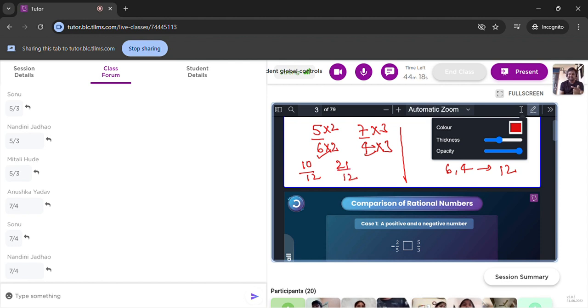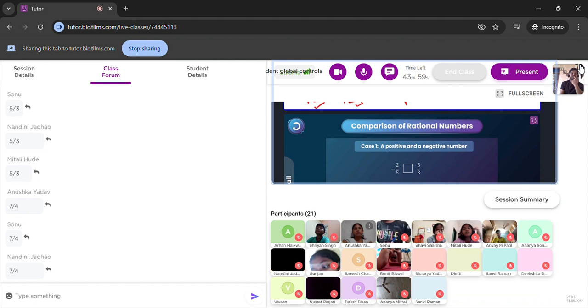In this rational number the denominator is 12, and in this rational number also the denominator is 12. Now we only have to compare the numerator part. So now we have to compare which one is greater, either 10 or 21. Which one is greater, 10 or 21?